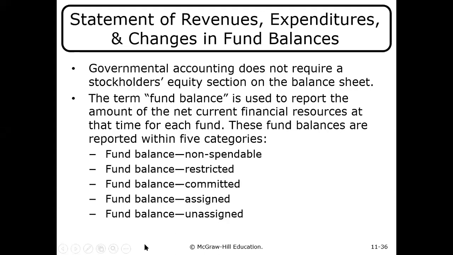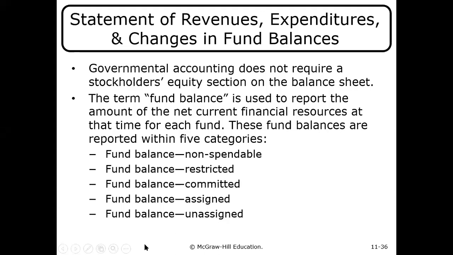So just to reiterate, we have fund balance non-spendable, fund balance restricted, and fund balance committed. Fund balance assigned, again, is designated for a certain purpose, but it's not by the legislature, but by some type of decision-making body, maybe a finance committee.